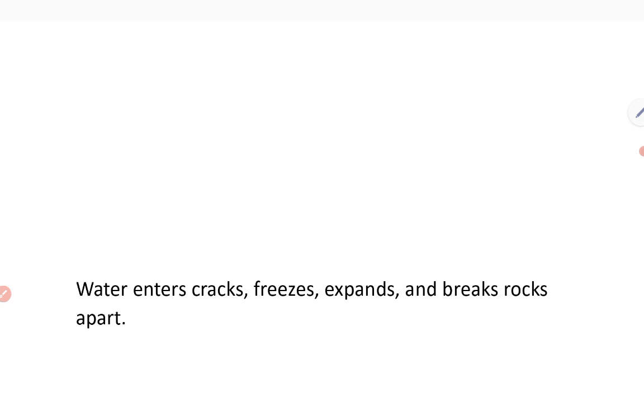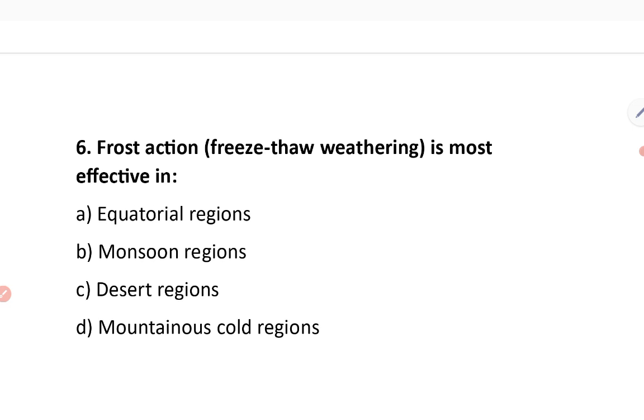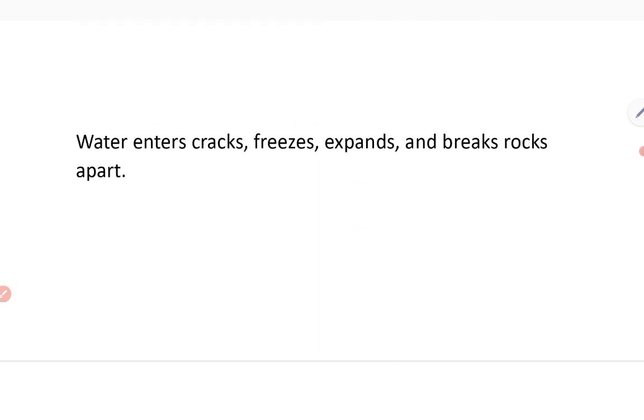So in the rock, when it becomes ice, it expands, and weak rocks break down. This is called frost action or freeze-thaw weathering. It mostly occurs in cold regions, mainly mountainous cold regions. So the sixth answer would be D.